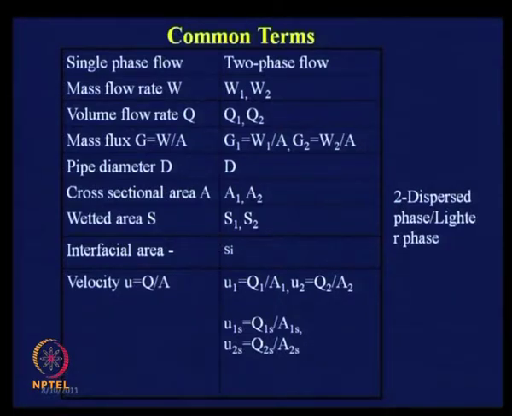For example, when it was single phase flow, what was the single most important parameter? It was the flow rate, mass flow rate or the volume flow rate. Along with mass or volume flow rate, we need to know the volumetric composition of the two phases which are flowing in the pipe.